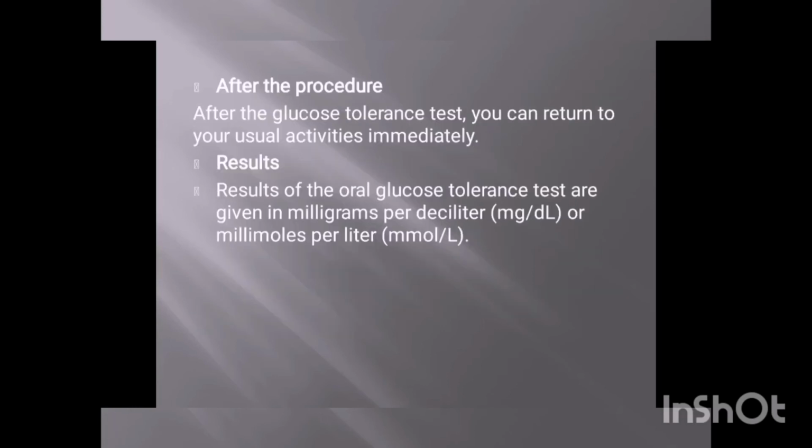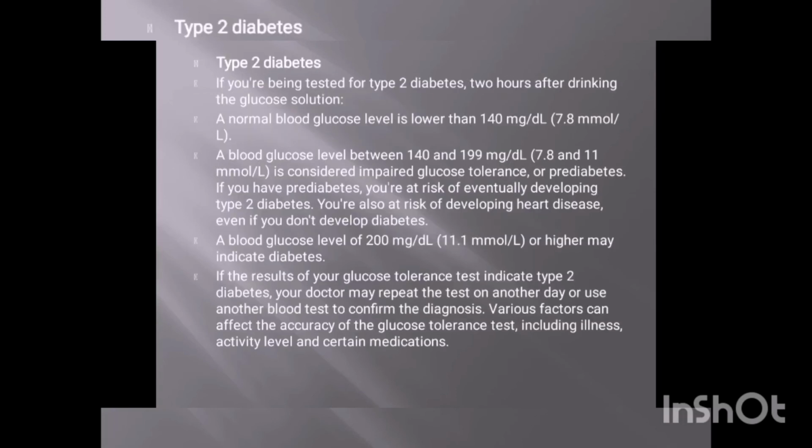After the glucose tolerance test, you can return to your usual activities immediately. Results of the oral glucose tolerance test are given in milligrams per deciliter or millimoles per liter. So, type 2 diabetes. If you're being tested for type 2 diabetes, 2 hours after drinking the glucose solution, a normal blood glucose level is lower than 140 milligrams per deciliter.